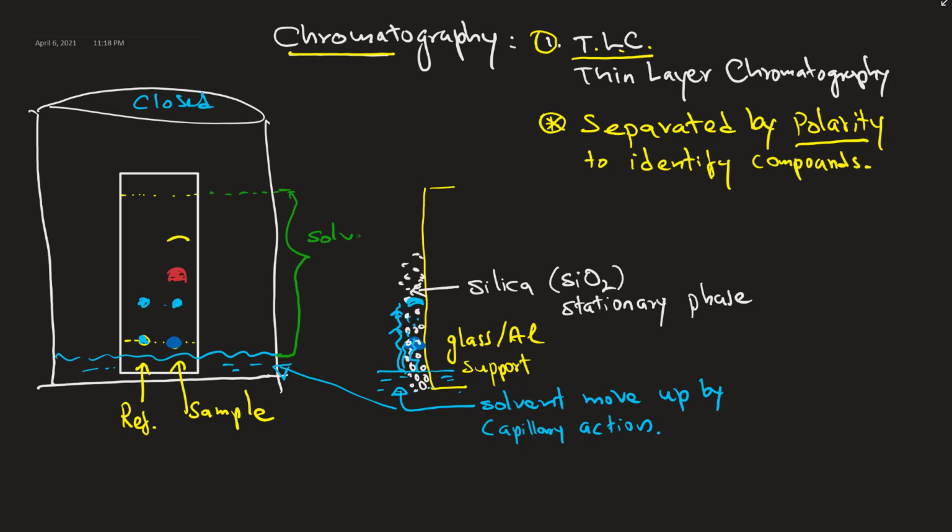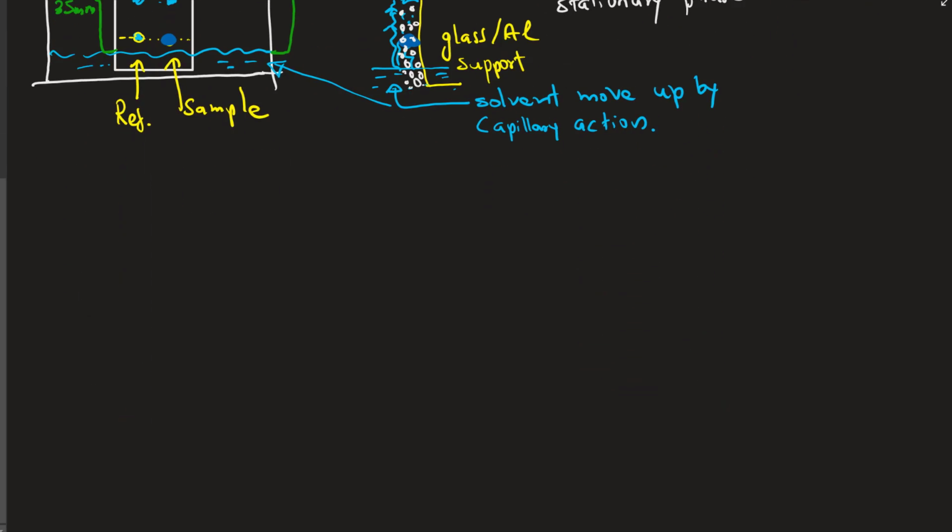So everything I talked about, this solvent runs to the front because of the capillary action. The highest point is called the solvent distance, and we measure that in millimeters. And these spots are, let's say, labeled A, B, C, and B is, let's say, 35 millimeters, and the solvent front is 60 millimeters. Let's say we measured.